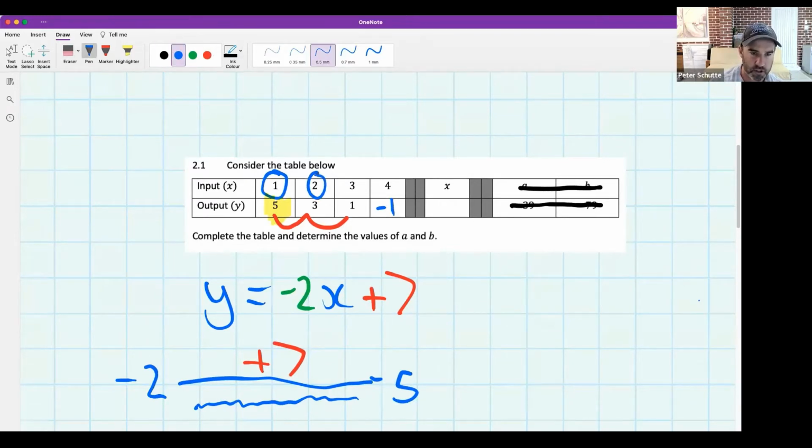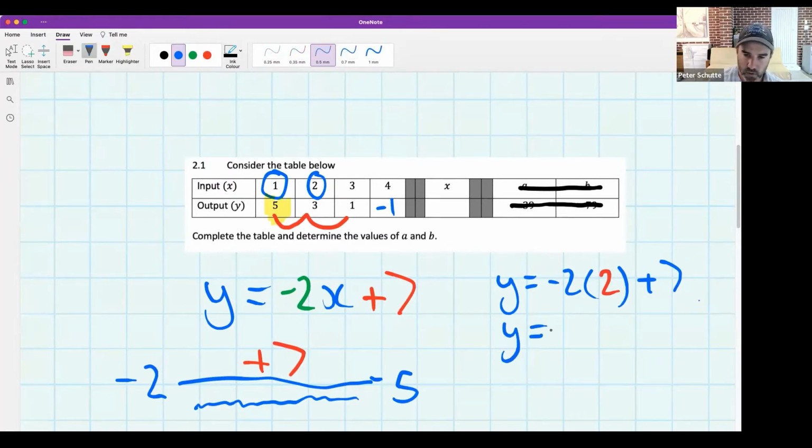Let's use the number 2. If we've done this right, we end up with a 3. So I take the formula that I have, I leave a space for the input, and I add +7. Okay, -2 times 2, and we get y is -4 + 7.